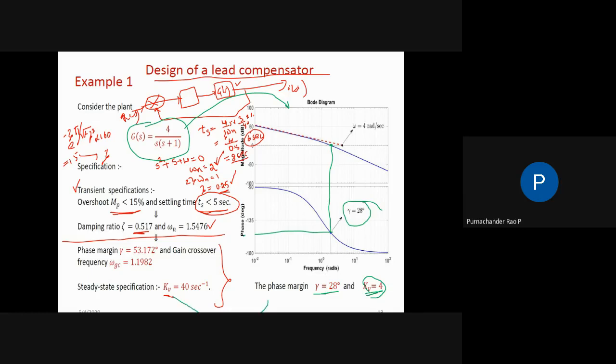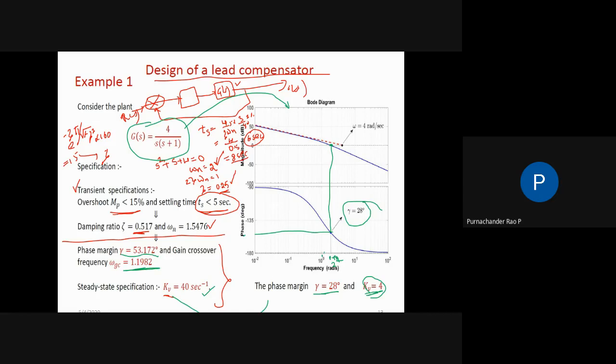But what are the requirements here? Kv should be 40, the phase margin should be 53 degrees, and your gain crossover frequency should be 1.19, approximately 1.2.